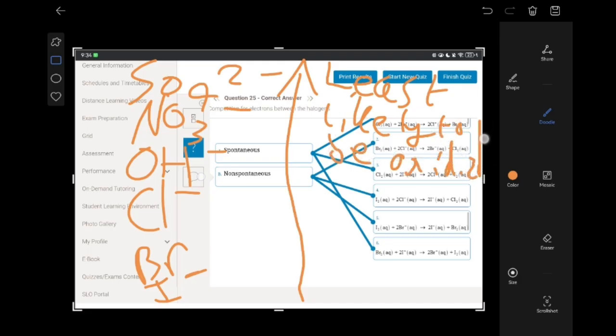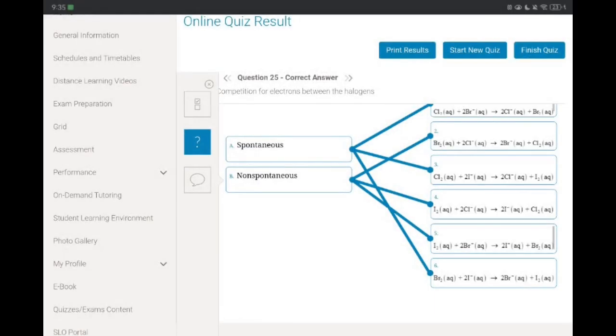If this one up here is the least likely, this one here is the most. So if you have I with anything, it's always going to be oxidized. So you expect it to be oxidized here. It loses 2 and becomes neutral.